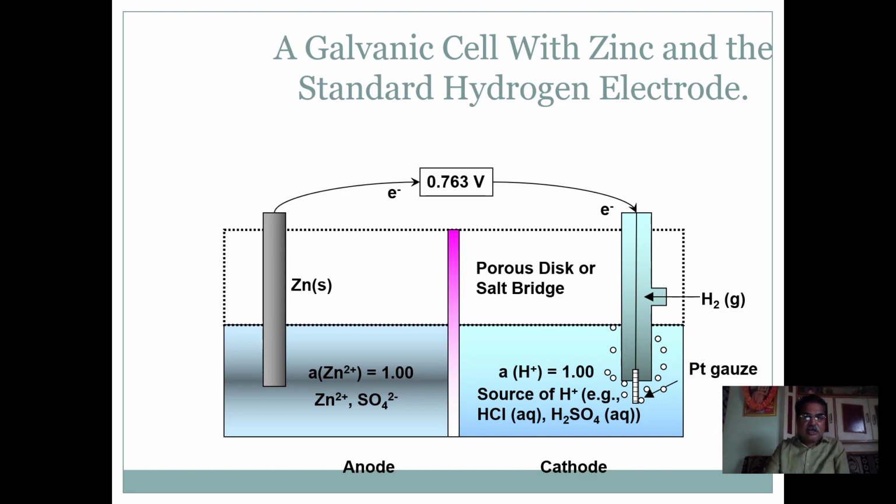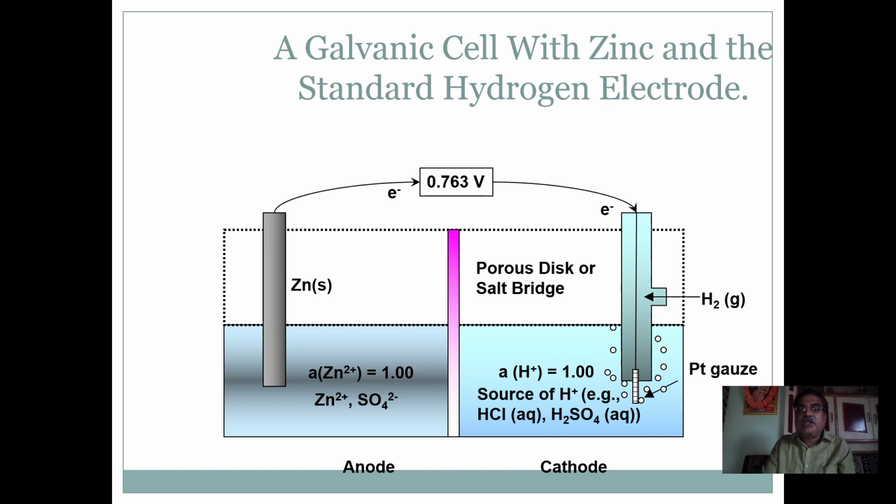Now, various cells are constructed in which the standard hydrogen electrode acts as a standard electrode. Now consider a galvanic cell with zinc and the standard hydrogen electrode. So in this cell, the zinc electrode acts as anode, while the hydrogen electrode acts as cathode.